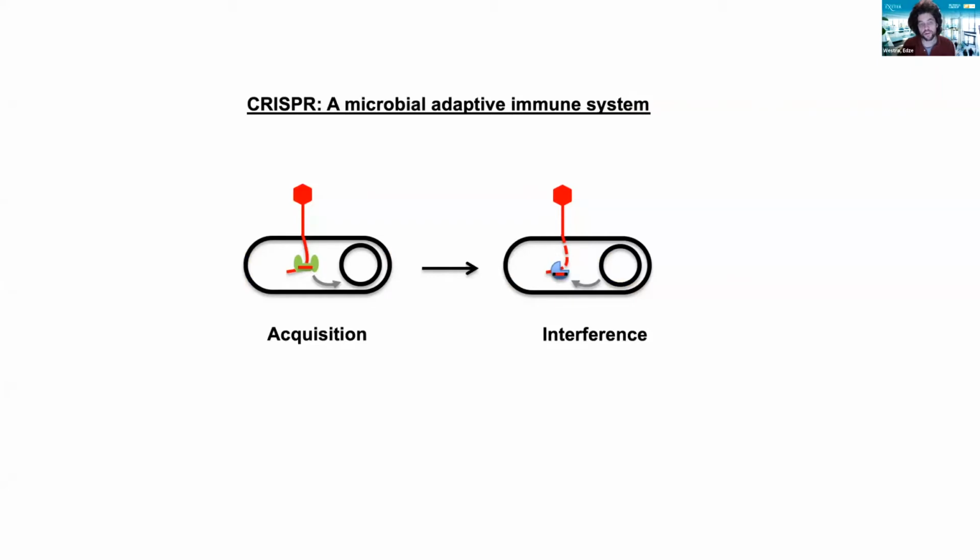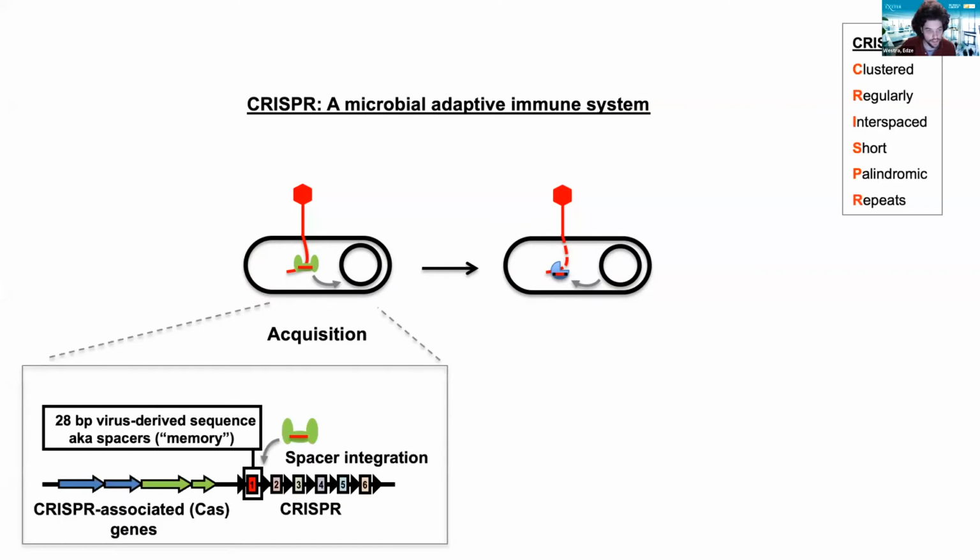Okay, so this is a more sort of involved mechanism. This mechanism works post-infection. So first of all, the phage is injecting its genome, but then recognition takes place. And this is really a two-stage process. So first of all, bacteria need to acquire CRISPR immunity.